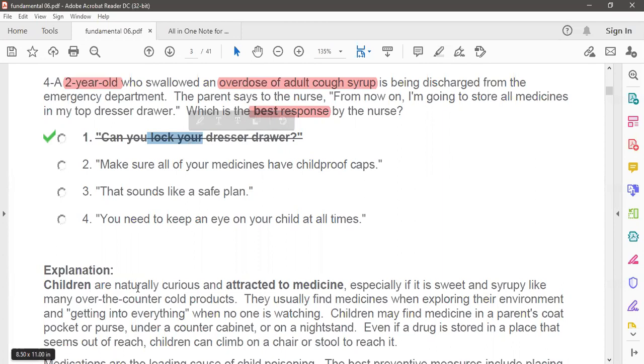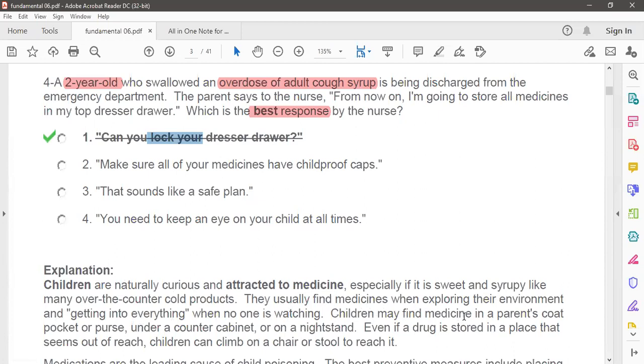Children are naturally very curious and attracted to medicine, especially if it is sweet or syrup-like, as many over-the-counter cold products are. They usually find the medicine when exploring their environment and getting into everything when no one is watching.